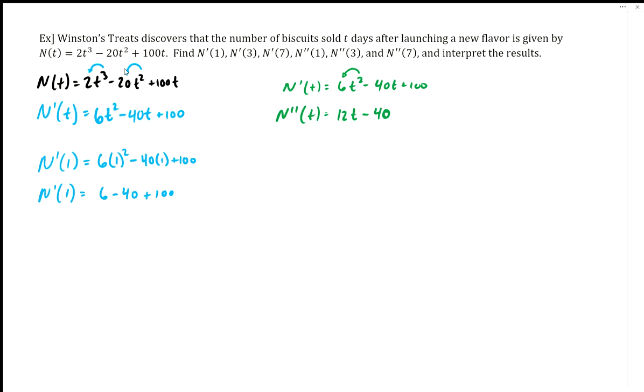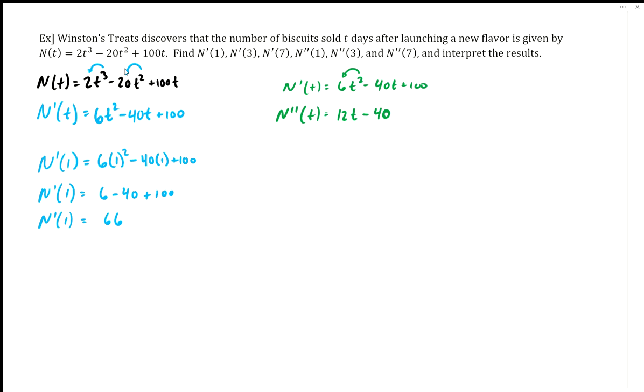So n prime of 1 is 66. Yeah, so we got 66 here for n prime of 1. I'll double check with the calculator just in case, but that is good.